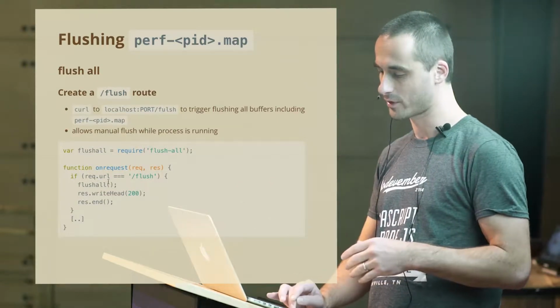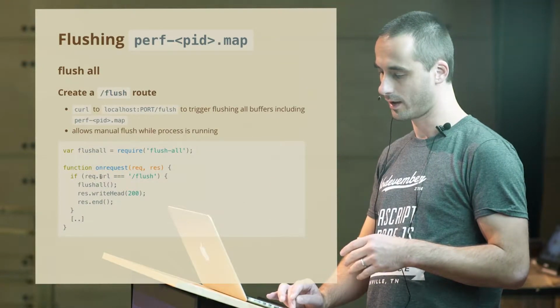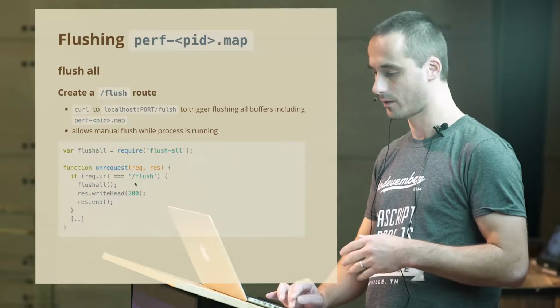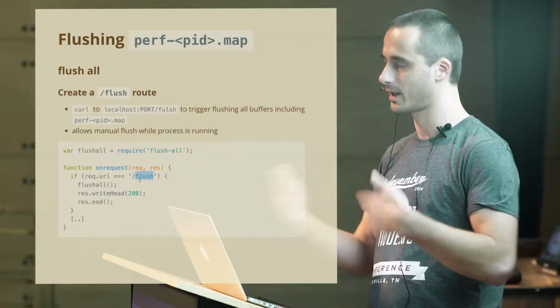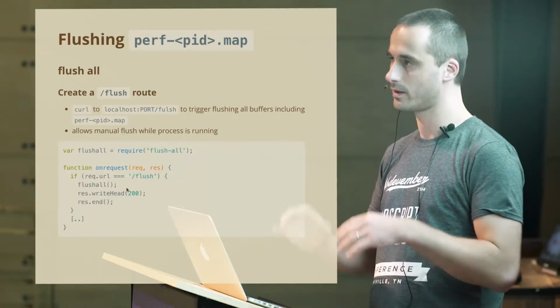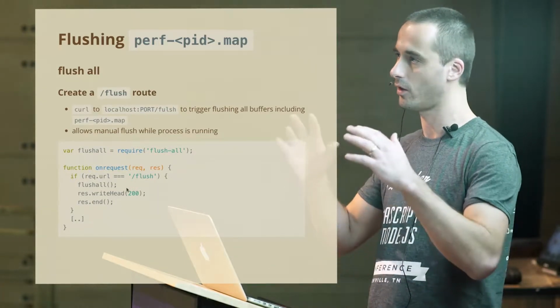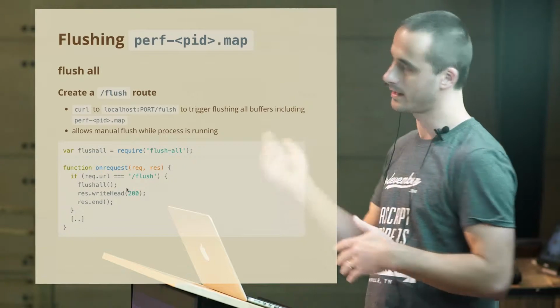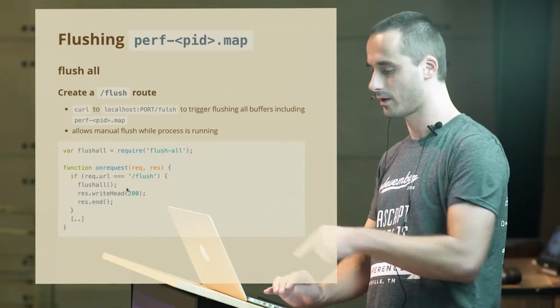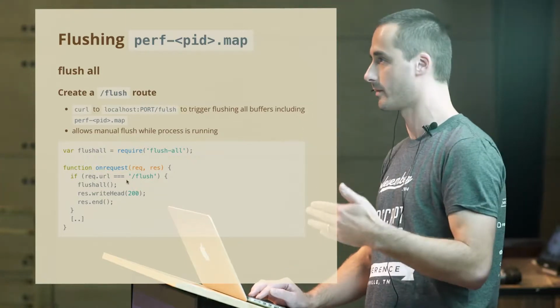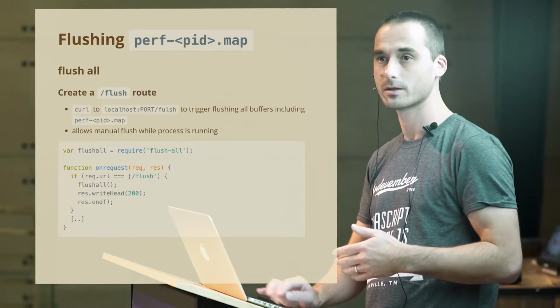So it's a little bit painful. Therefore, if you want to use that route, I recommend putting a flush route into your server while you're working with this and debugging. When you know that all the code has been generated that you need, before you hit your breakpoint, obviously, call this route, and then the map file will be flushed.